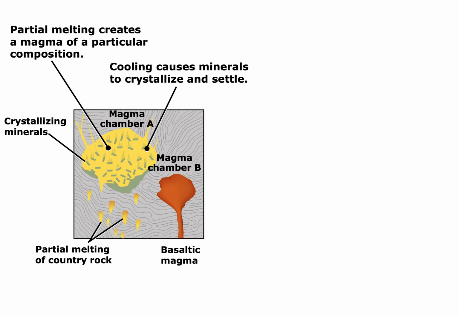While our magma is cooling, we are forming minerals due to crystallization, and these crystallizing minerals will settle somewhere in a magma chamber. So the heavier minerals will sink to the bottom of the magma chamber, while the lighter minerals will just float up to the top of the magma chamber.